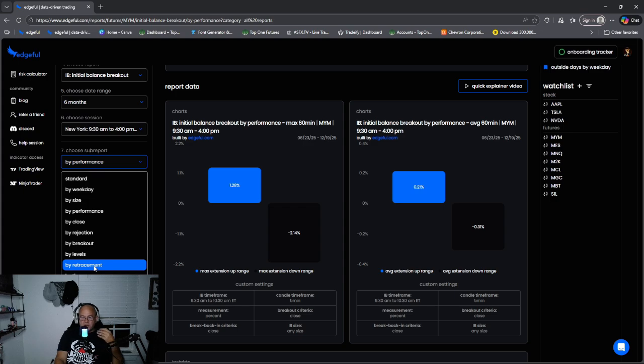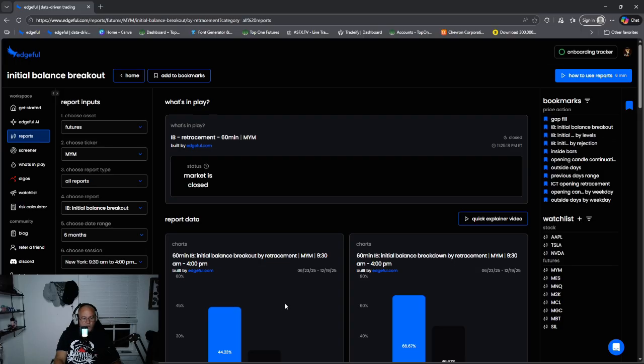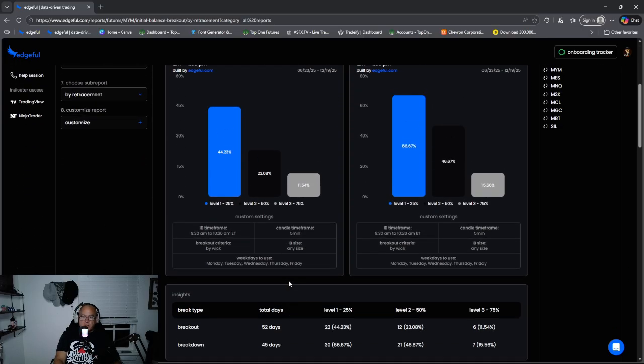But what I prefer to use the most, I do use these average numbers, and I use the IB retracement report as well. What this is going to show me is, once we break the IB, and I choose by wick, not by close, so any break of the IB, do we pull back? 44% of the time, we're going to pull back to the 25% level.